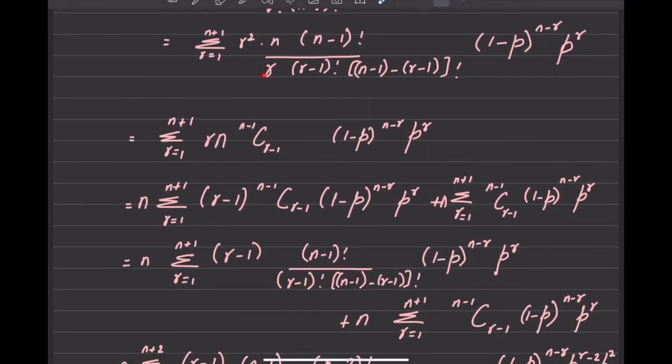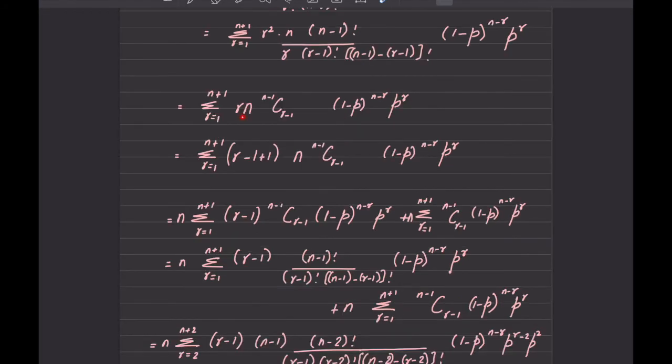I can cancel one of the factors of r over here. So it simplifies as r into n. And if I look at this closely, n minus 1 factorial upon r minus 1 factorial times n minus 1 minus r minus 1 factorial is the same as n minus 1 C r minus 1. So guys, in the next step, I can rewrite r as r minus 1 plus 1, which is the same as r.